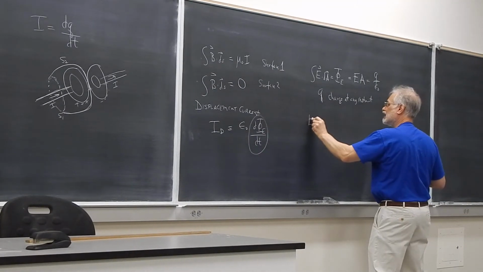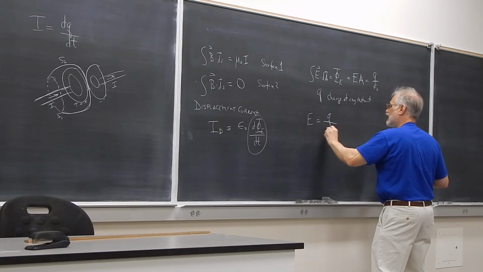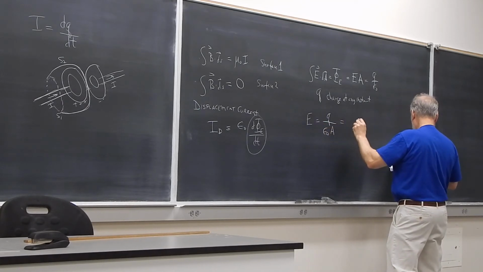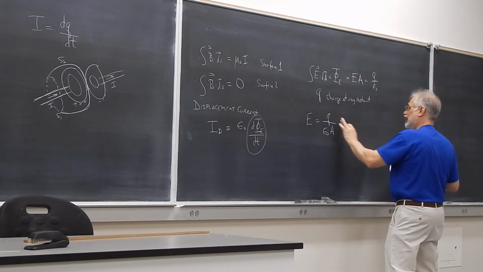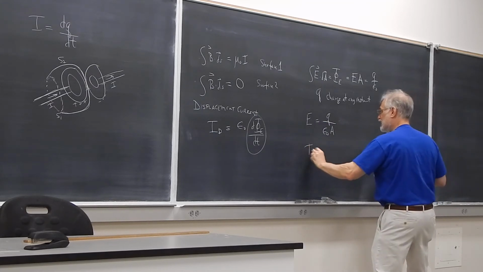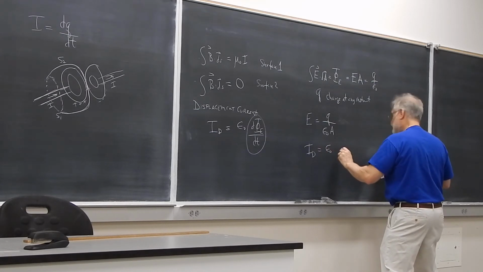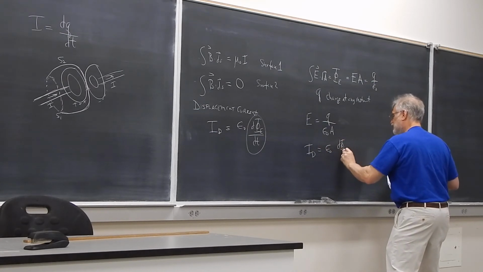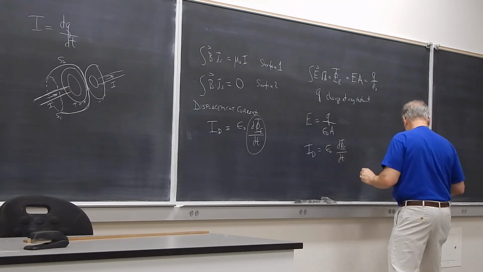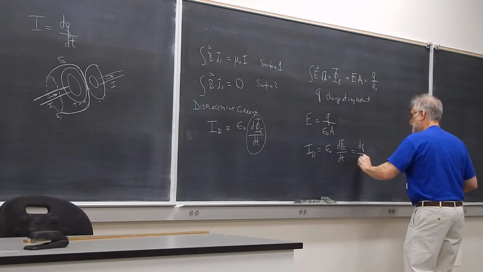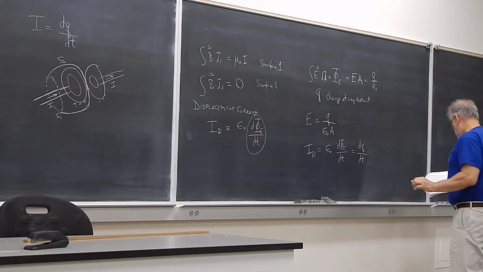We can say that E is equal to Q divided by epsilon naught times A. In that case, I can say then that my displacement current could be written as epsilon naught times dPhi/dt, which would be the same thing as dQ/dt between the plates.